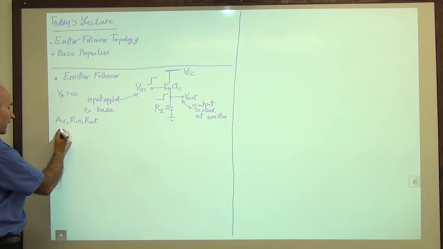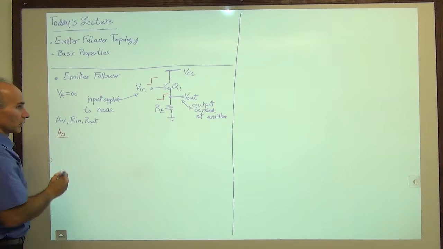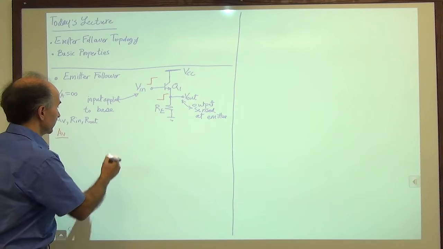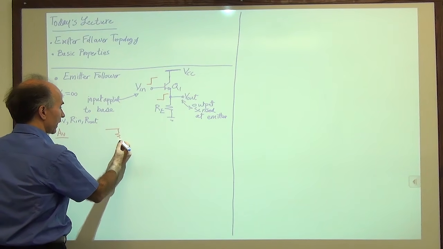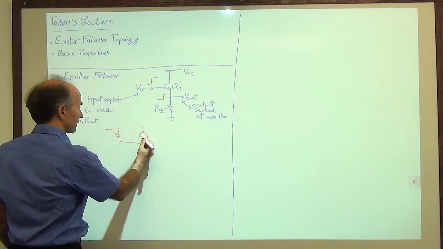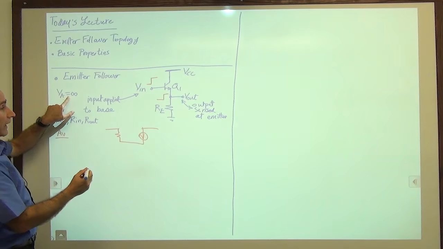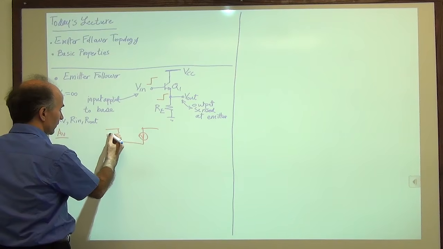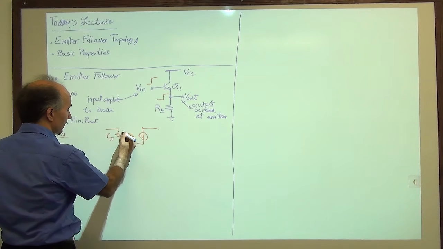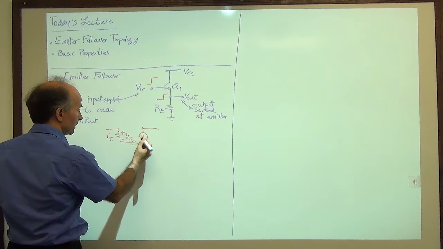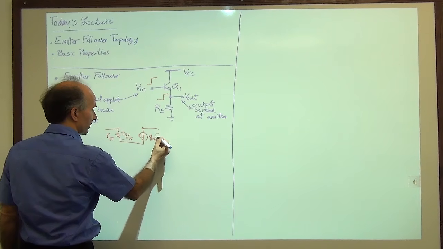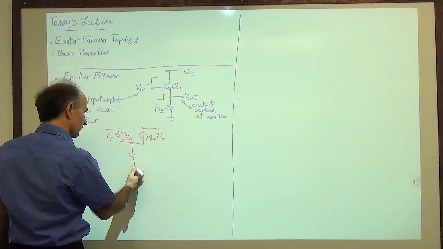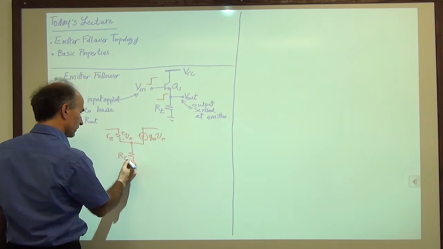So to find the voltage gain, as usual, we go ahead and draw the small signal model. So here's our small signal model, assuming that the output impedance of the transistor is infinite. So we have our r pi, then we have V pi, and then we have gm V pi. We have a resistor here, RE.